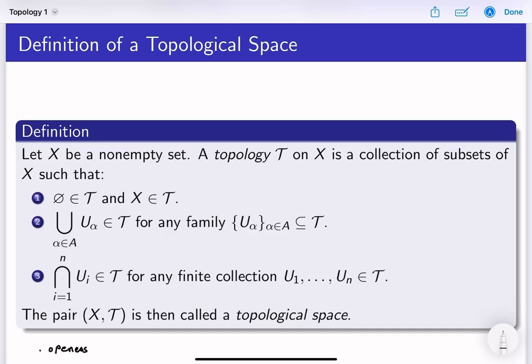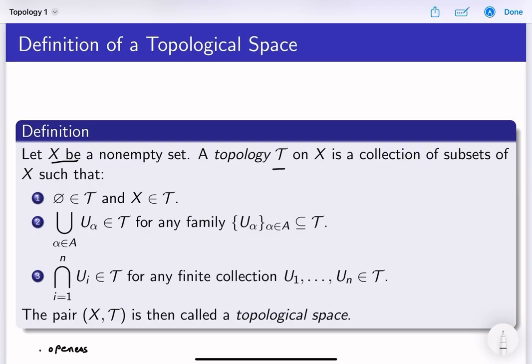So we're gonna start with a non-empty set X, and we're gonna define a topology on X to be just a collection of subsets of X satisfying some properties. You can think about it in this way.